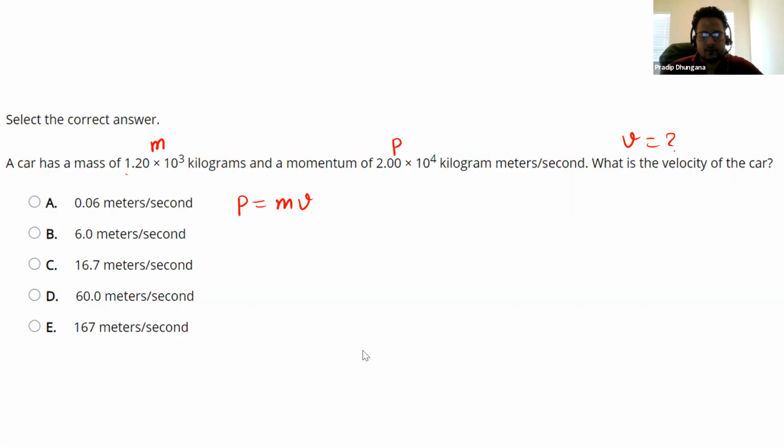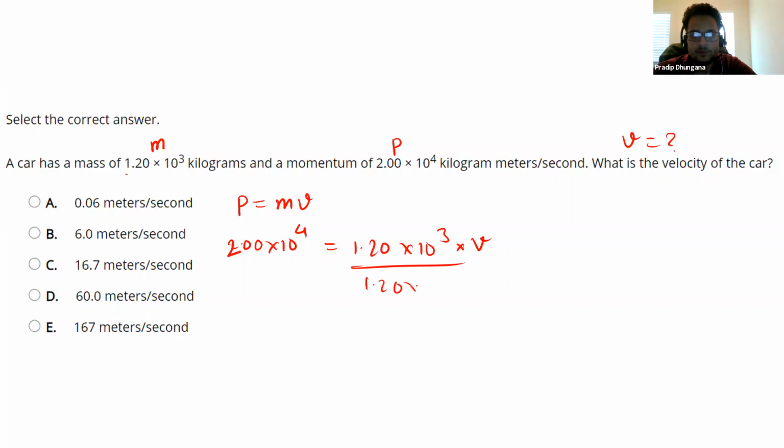Okay, thank you. The momentum is 2 times 10 to the power 4, and mass is given as 1.2 times 10 to the power 3, and velocity is as it is. Divide both sides by 1.2 times 10 to the power 3. That got cancelled.